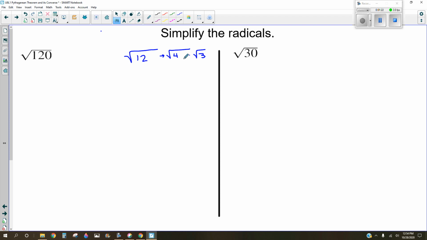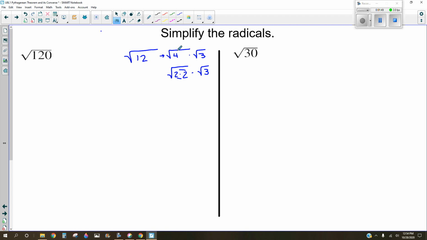And we know that 4 is really 2 times 2. There's two of these to make a 4. 3 is just 1 in itself, so there's nothing that goes into 3. 3 is a prime number. But there's two 2's. It's 2 to the second power, right? 2 times 2 is 2 to the second power.